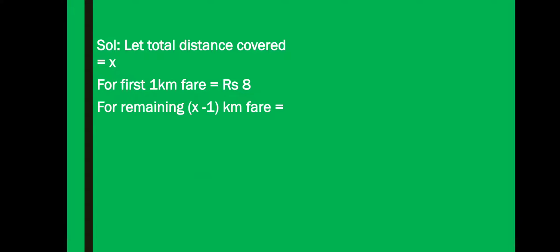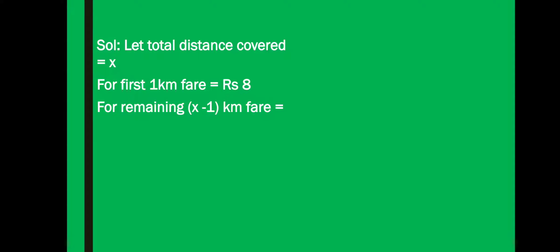टोटल डिस्टेंस आपने कवर किया है वो कितना है, x है. For first 1 kilometer, the rupees fare is equal to rupees 8. For remaining x minus 1, okay, because total distance was x, for 1 kilometer it was according to 8 rupees.